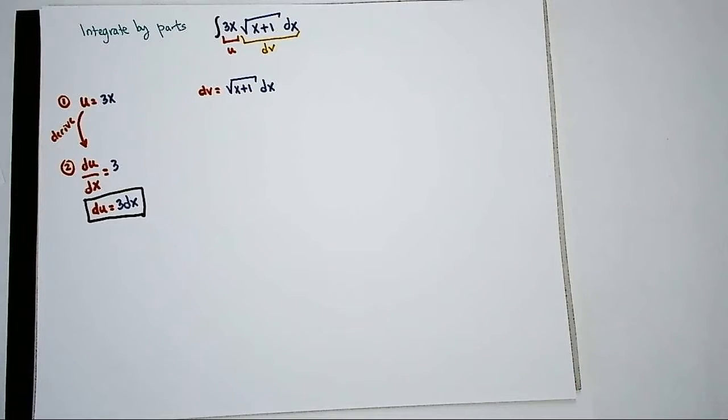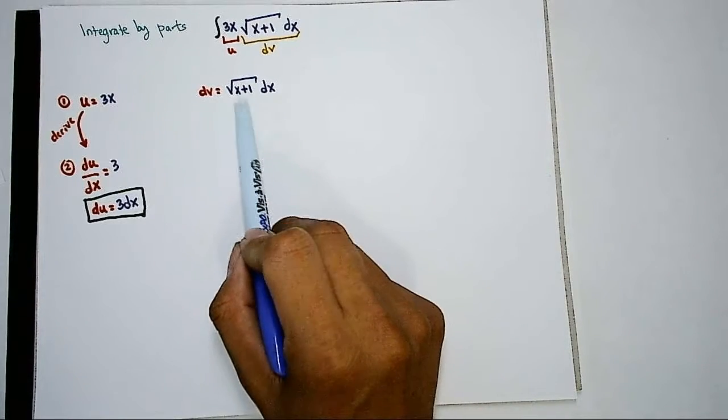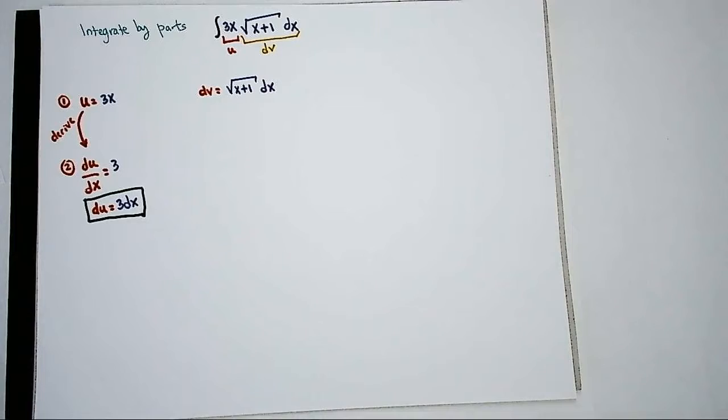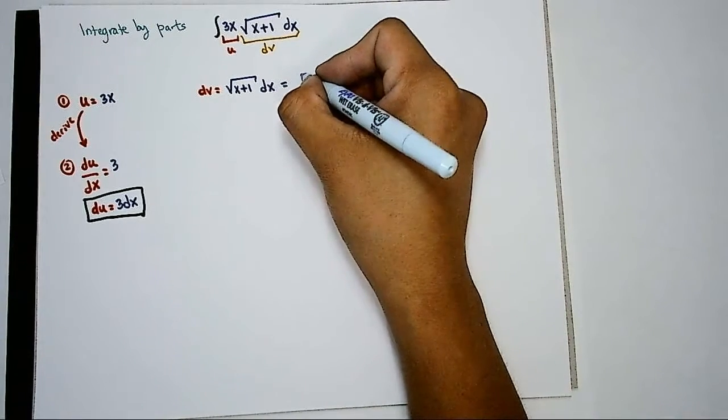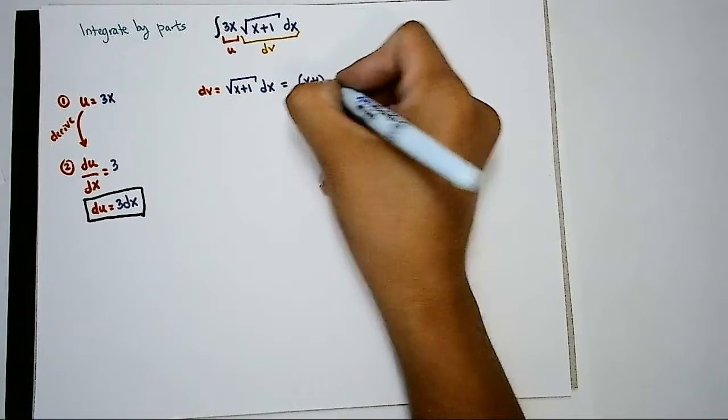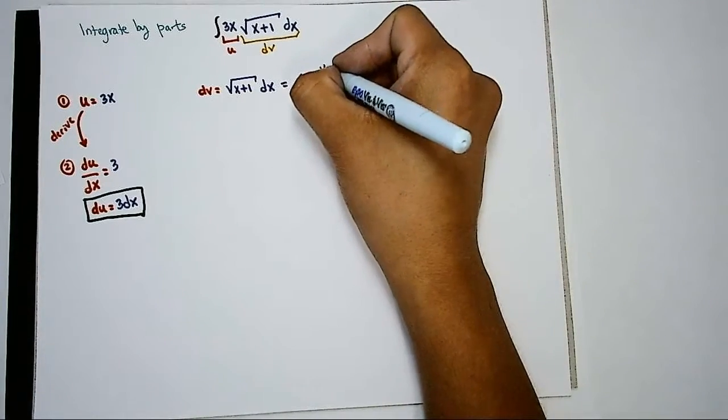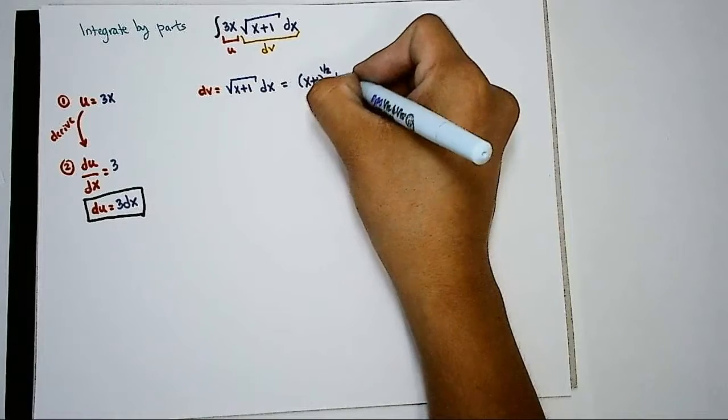Here dv is the square root of x plus 1 dx. This can also be expressed as x plus 1 to the 1/2 dx.